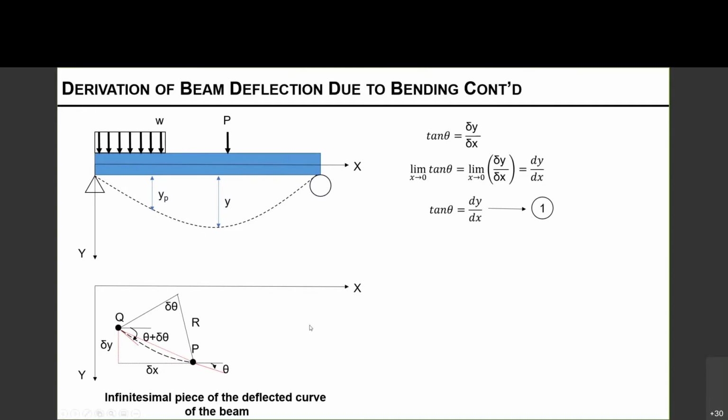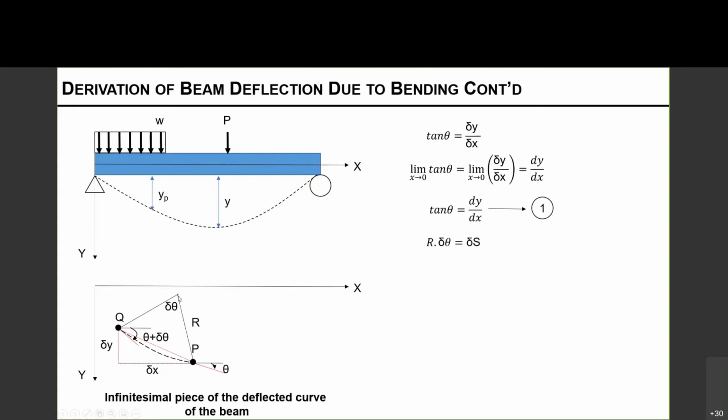Again, if we consider this as a circular segment, the arc length of the circular segment is r times the angle, right?